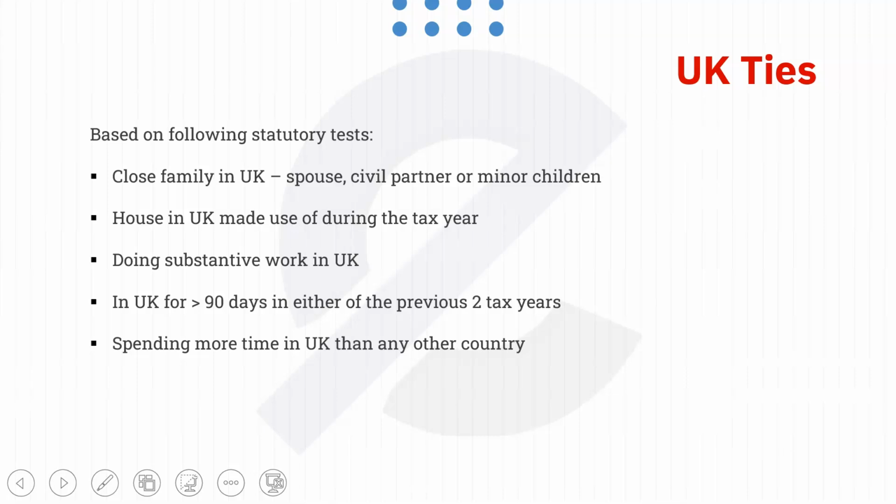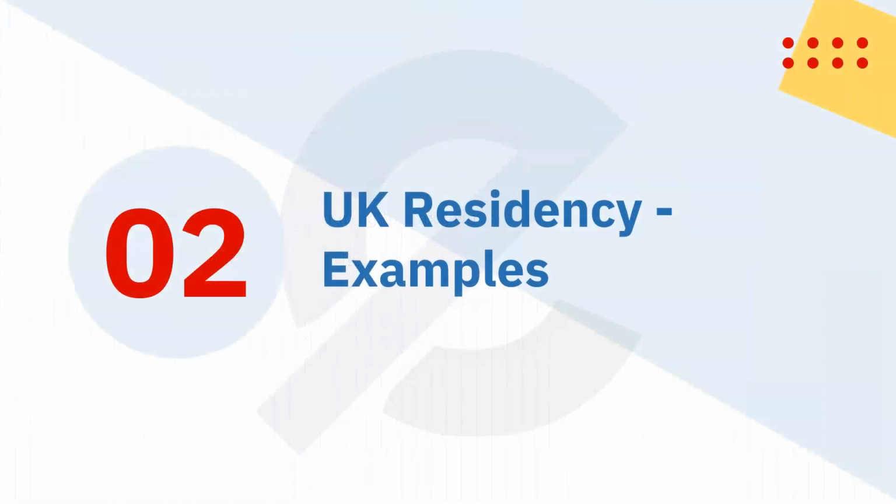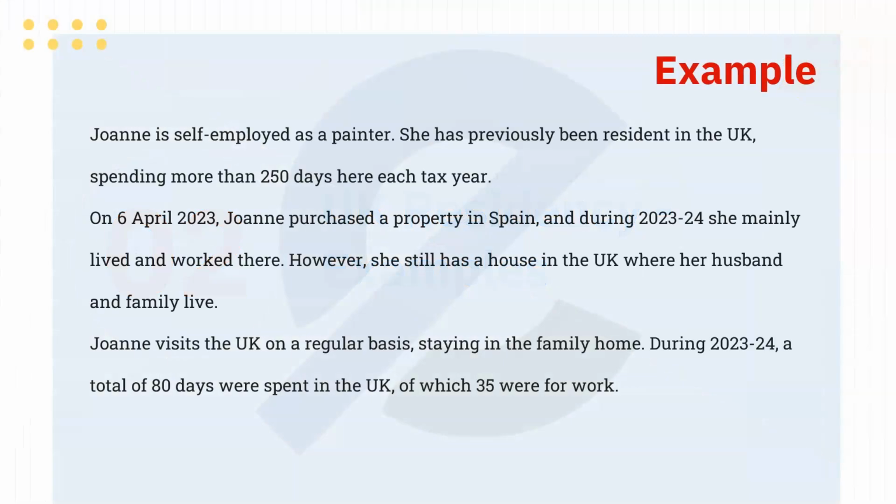Let's look at how the concept of UK residency can be tested in the exam. This is an example taken from an ACCA CPD article. Joanne is self-employed as a painter. She has previously been resident in the UK, spending more than 250 days here each tax year. On 6th April 23, Joanne purchased a property in Spain, and during 23-24, she mainly lived and worked there.